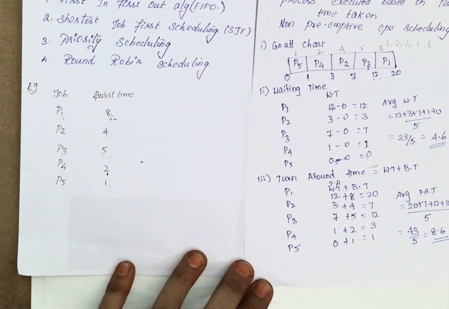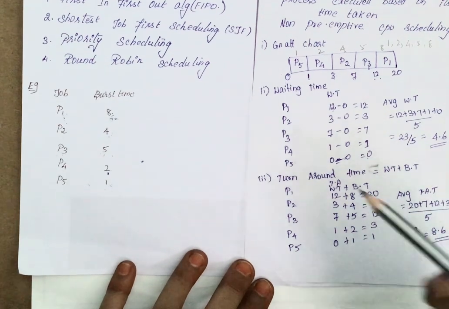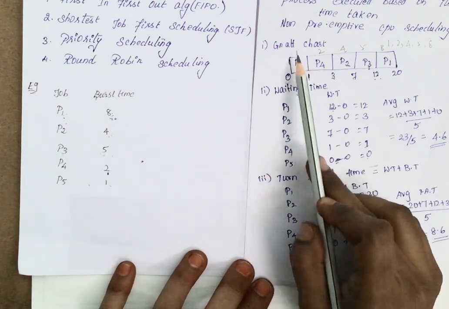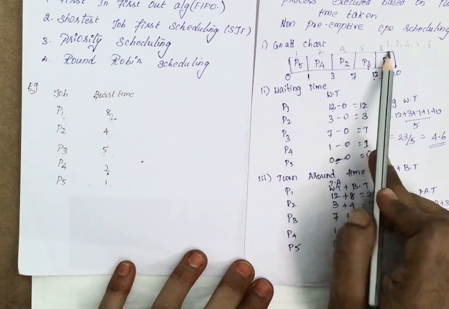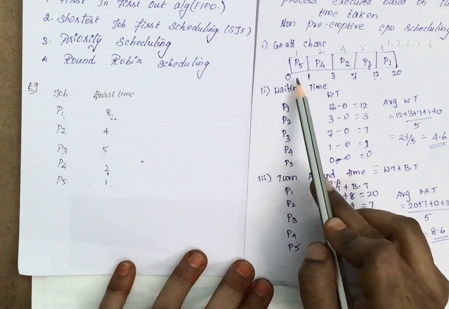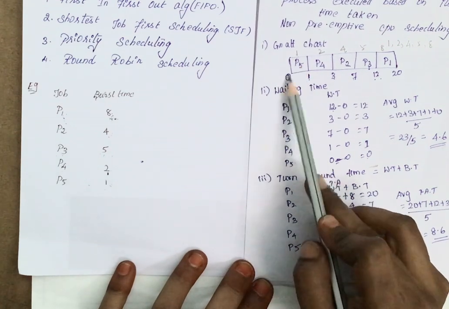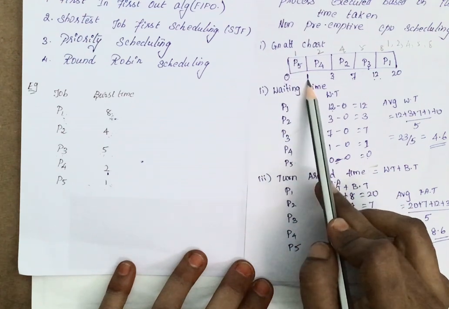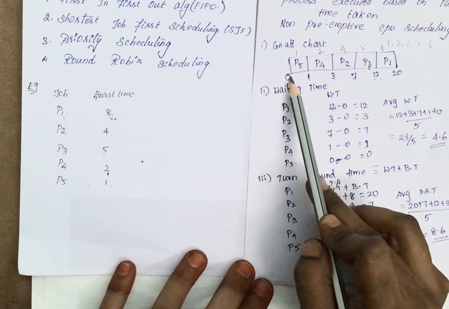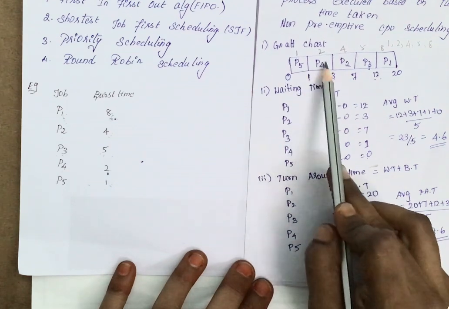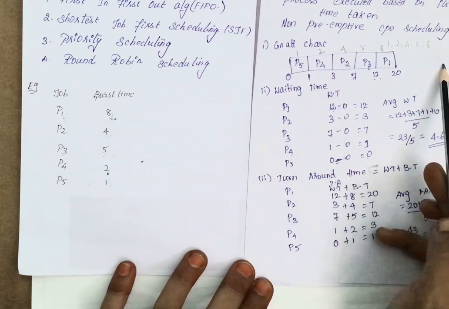Only after completing is the next process sent. Here the chart is found depending upon our burst time values, and the time waited is calculated. Initially, if there is no time, 0 is considered. P5 gets completed at 1 second, P4 is processed from 1 second and completes at 3, and so on.